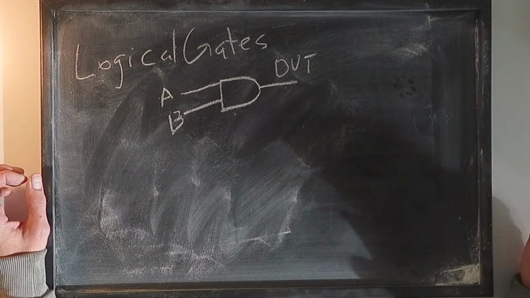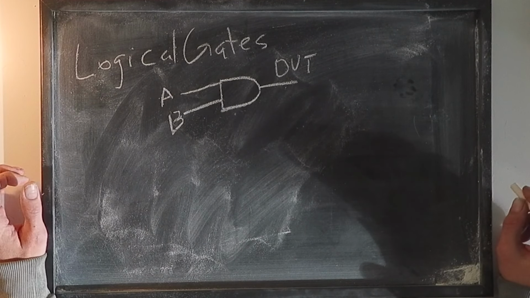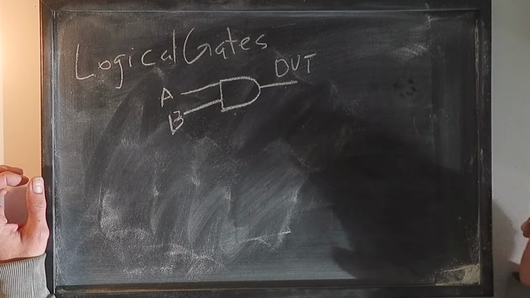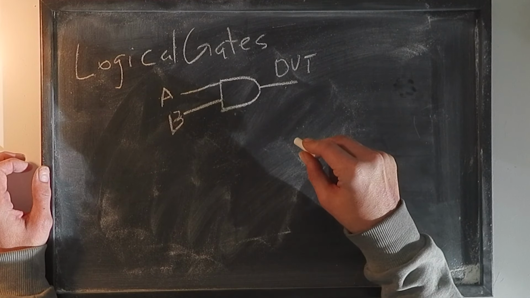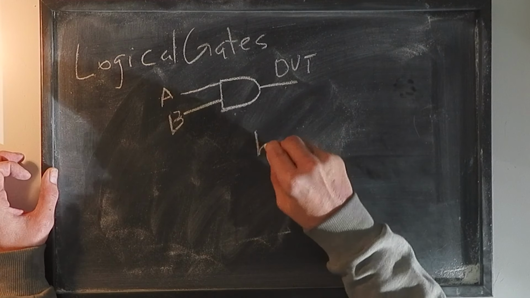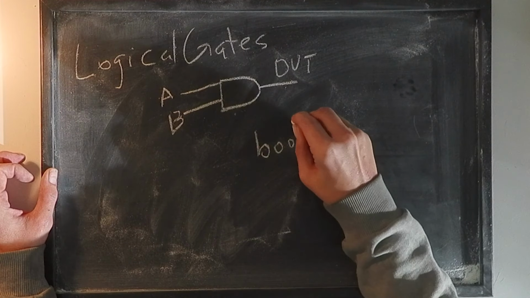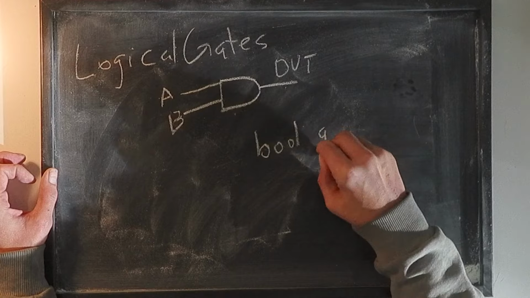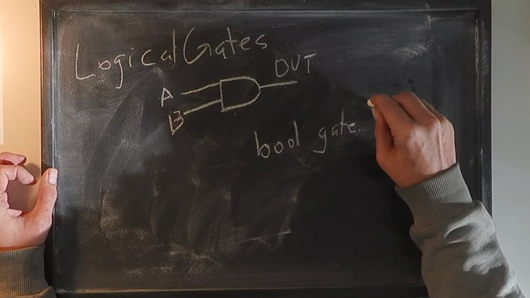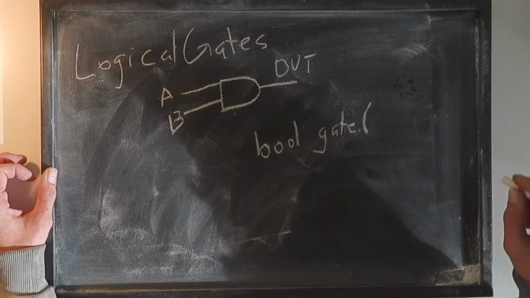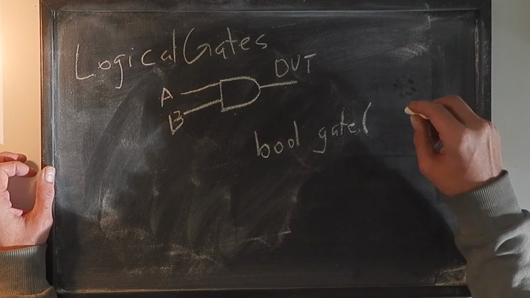And this gate works like an if statement like this. So let's say we have a function which returns a boolean, so true or false, and let's call this gate. And we have two parameters which are also booleans.